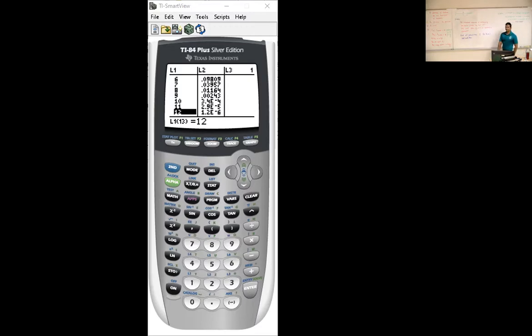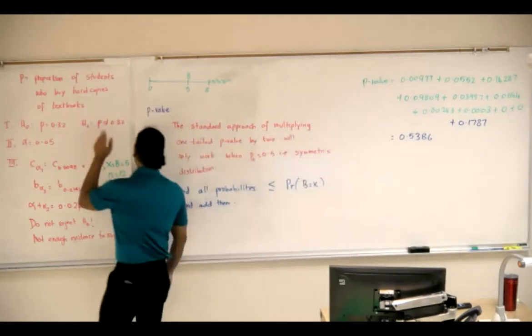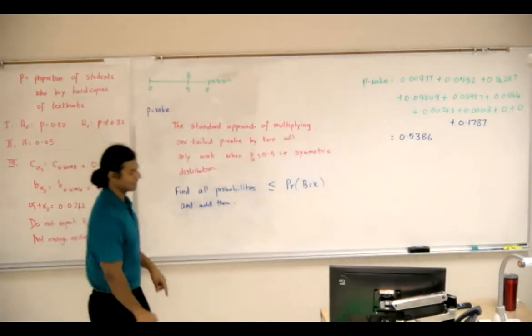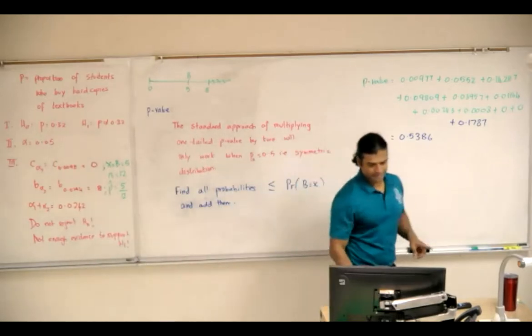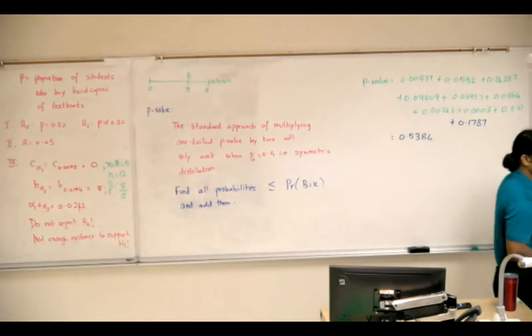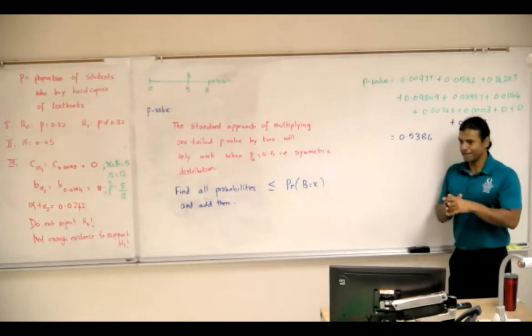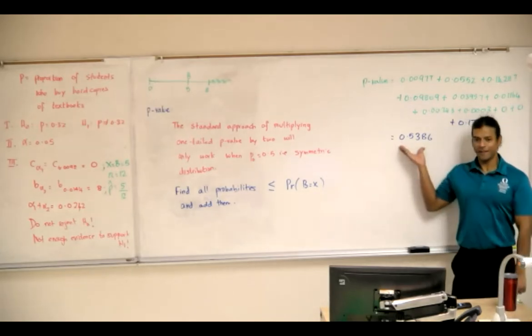So if I conclude, ignore everything that we did, and I'll just reject them all and go with the alternative, the probability that I would be making a type 1 error is 53.86%. Should you make a conclusion knowing that the probability that you will be making an error is 53.86%?